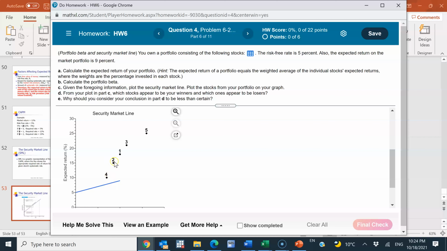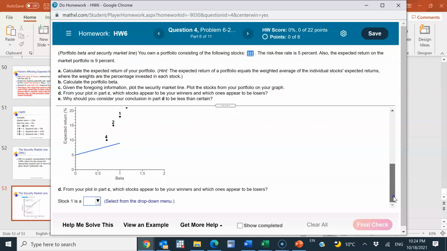And we can see that for this question, all these 5 stocks are winners, because they all lie above this security market line. So now we can use that knowledge to answer this question. Stock 1 is a winner.